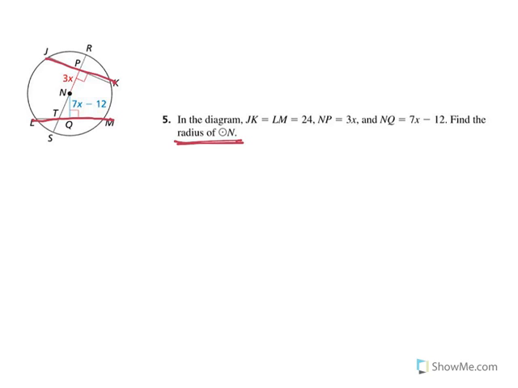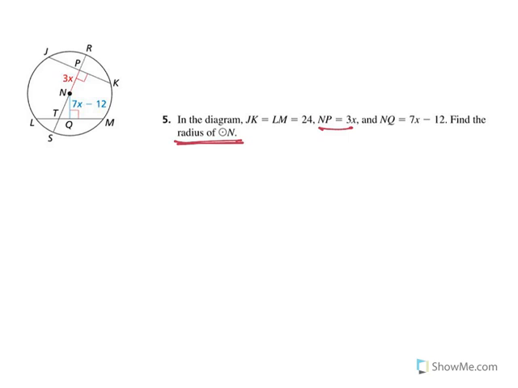I'm not going to write it in there because it would clutter things up. In P is 3x, what's written on there, and in Q, that little bit right there is 7x minus 12. So we need to figure out where the best place to draw a radius would be that's going to make sense to us.